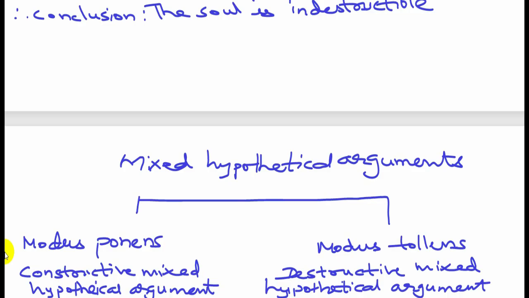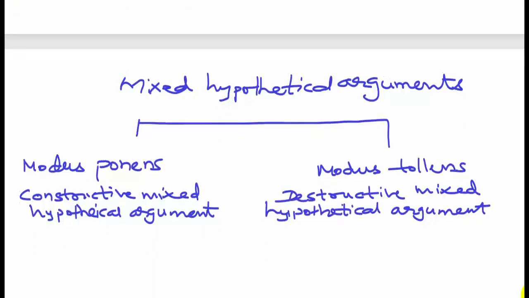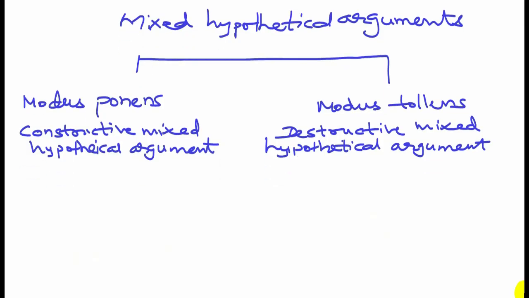So we have modus ponens and modus tollens. Modus tollens is also known as destructive mixed hypothetical argument, and modus ponens is known as constructive mixed hypothetical argument.